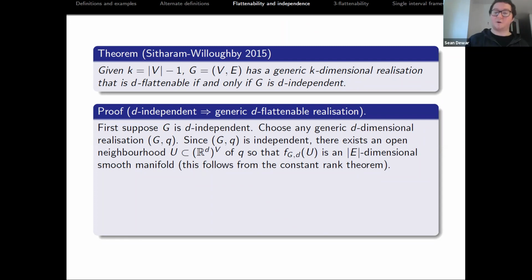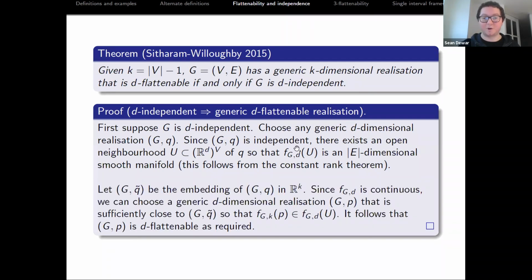Because GQ is going to be independent, I won't go into it too much, but you can use some differential geometry to say that there's going to exist an open neighborhood U of Q, so that the image of U is going to be an E-dimensional smooth manifold. An E-dimensional smooth manifold is just going to be an open subset of RE. So we're saying that there is some open neighborhood of Q so that this is an open set.